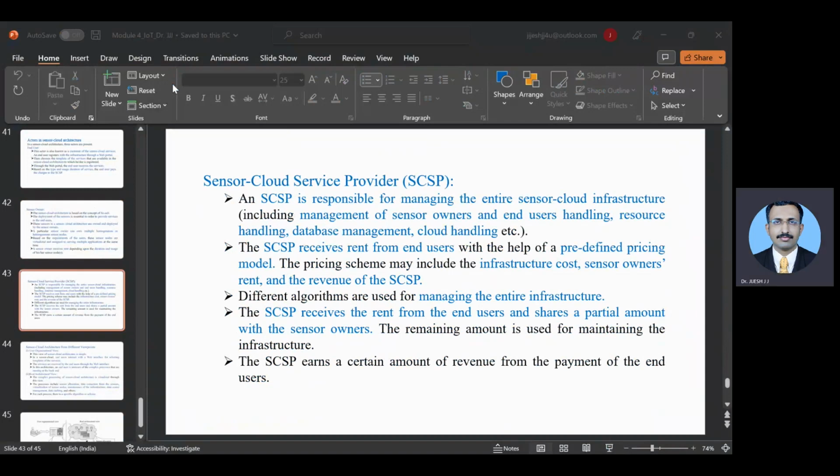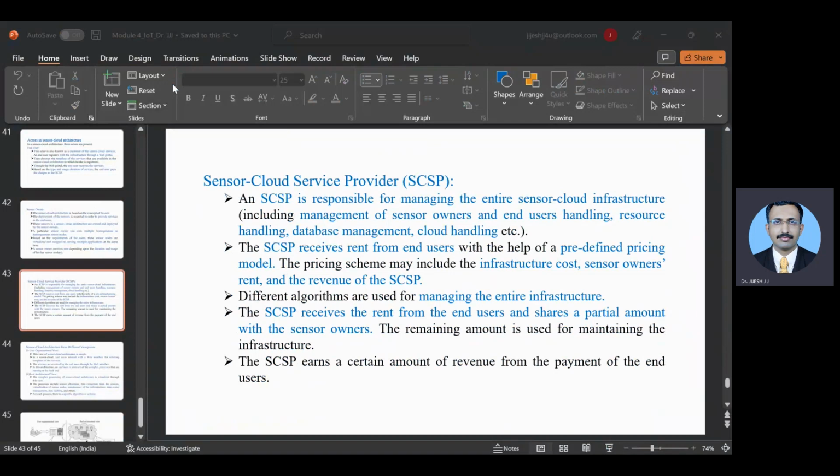So what is the role of the sensor cloud service provider? We have seen the end user and the sensor owner, and now we are going to see the sensor cloud service provider. What is the role of that service provider?